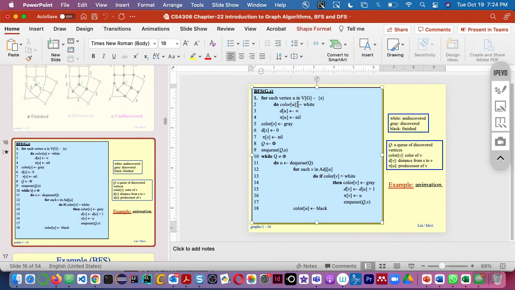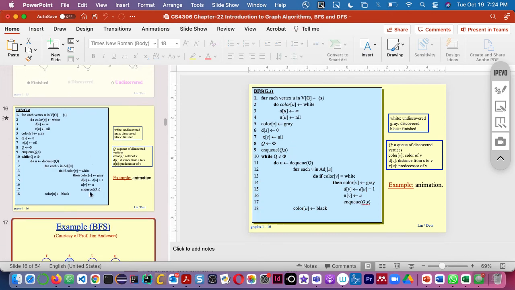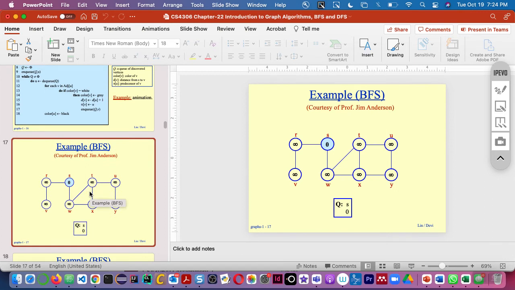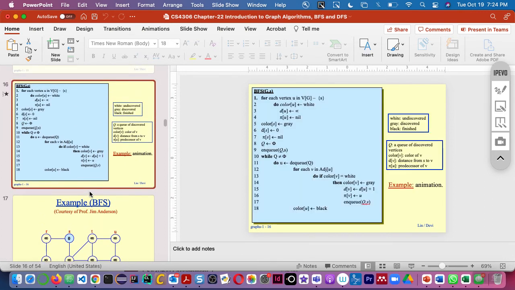The book also has the algorithm. If we analyze this algorithm, our main target will be finding the complexity of the algorithm. In the worst case, what will the complexity be?